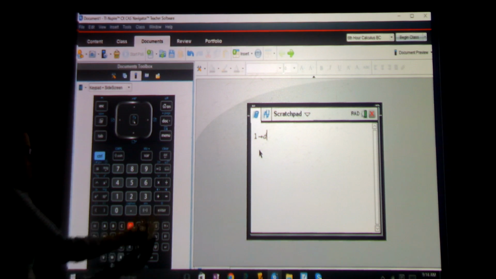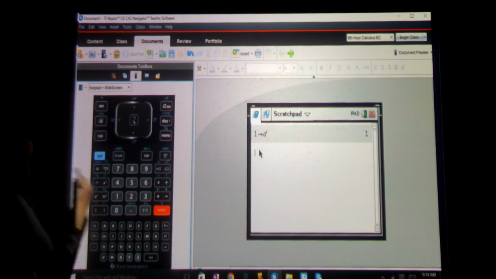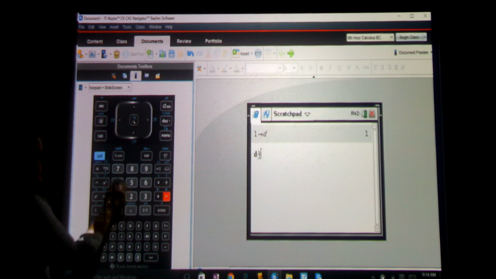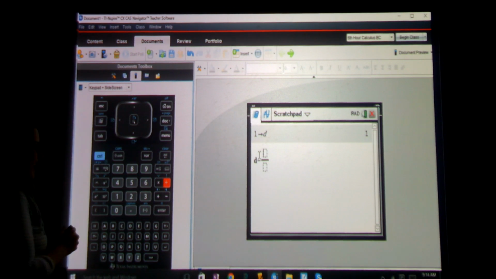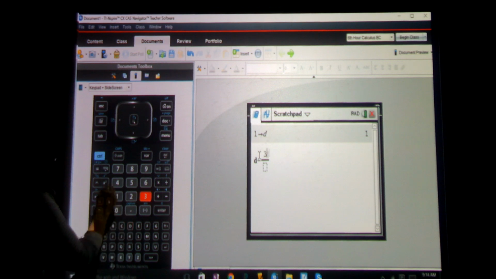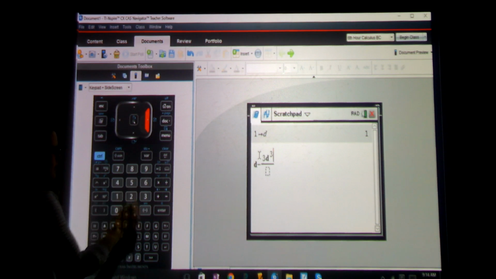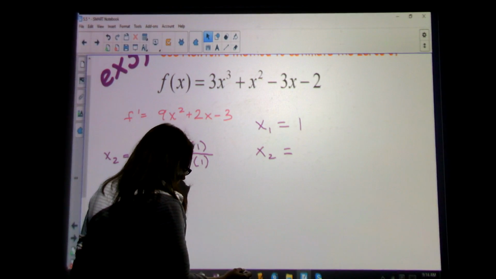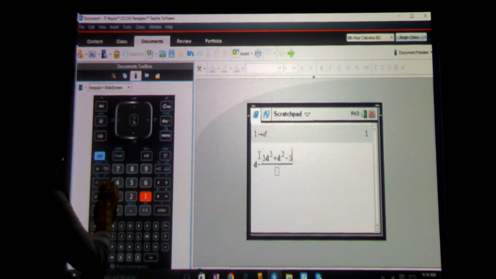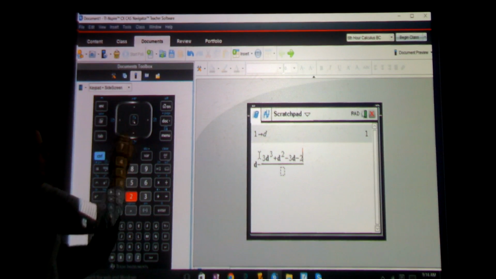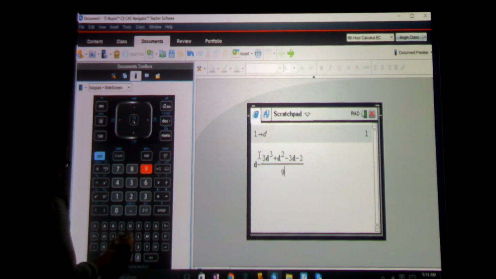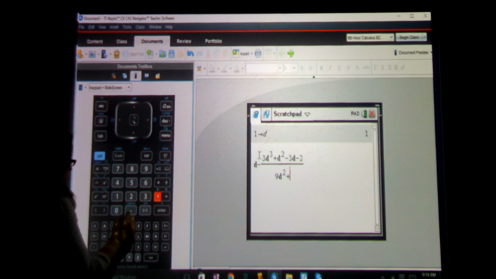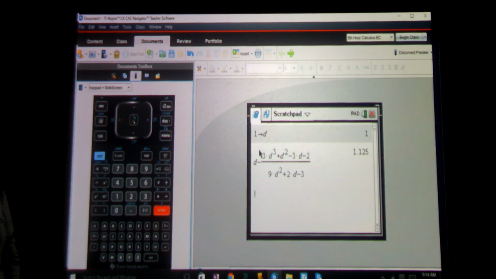I tend to stay away from X. Then I'm going to type in my expression, which is D minus, open your fraction, F of D, so that was 3D cubed plus D squared minus 3D minus 2, over the derivative, which was 9D squared plus 2D minus 3. Control Enter. There's my second guess, 1.125.